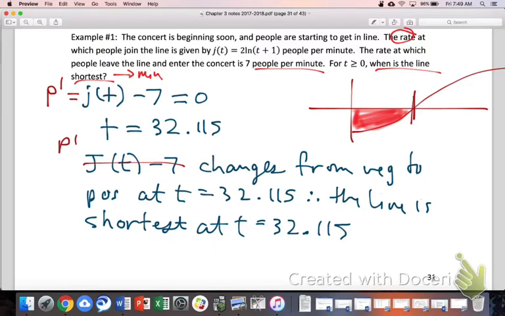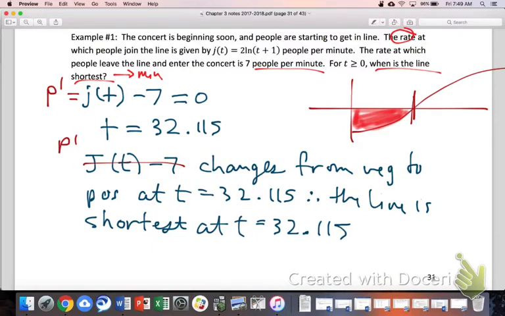So that means when t is 0, there were more people in line than there were when t is 32.115, right? And so when we started thinking about endpoints, you could kind of consider 0 as an endpoint, right? Because it does say greater than or equal to 0. But if you look at the graph and you realize, all right, well, from t equals 0 to t equals 32.115, the line only got shorter. So you kind of could sort of consider it, but we really don't need to here.